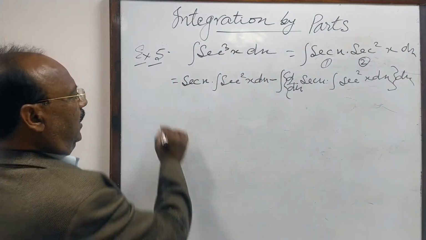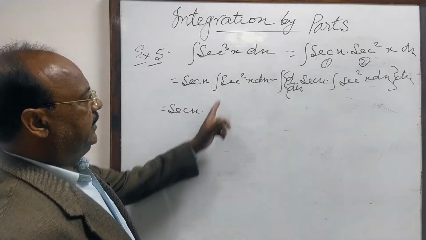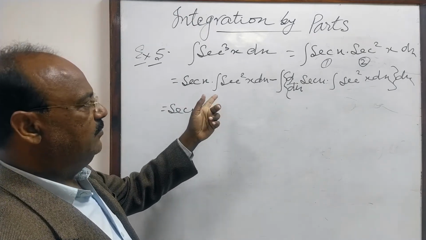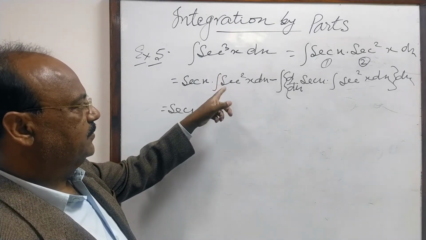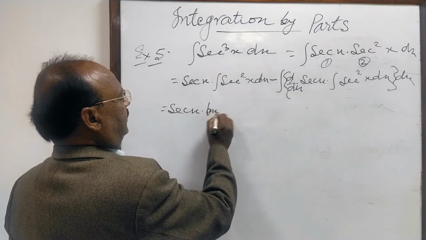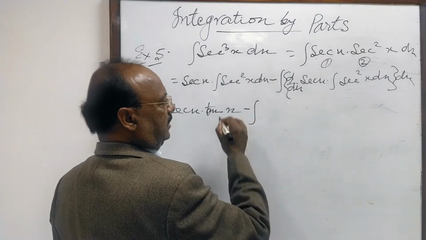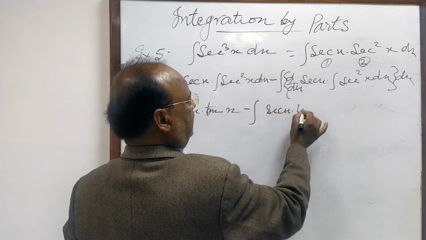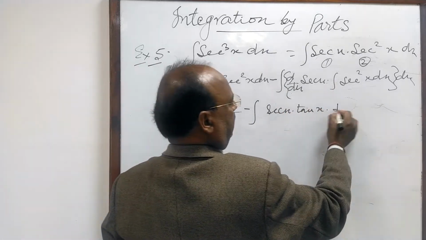Clear? And this is equal to sec x, integral of sec square x is tan x. Since derivative of tan x is sec square x, so by reverse integral of sec square x will be tan x. This is tan x minus integral of d/dx of sec x is sec x tan x, and integral of sec square is tan x.